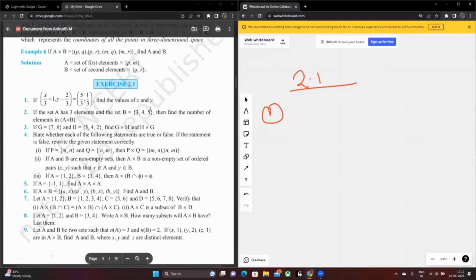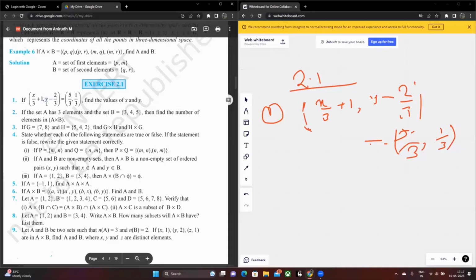Question number 1. The pair (x/3 + 1, y - 2/3) equals the pair (5/3, 1/3). So the first thing you need to know when dealing with pairs is that this comma separates two fields, right? First, second.